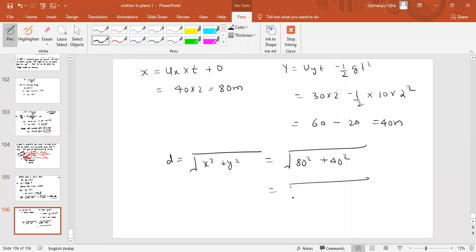That is 6400 plus 1600, which comes to 8,000. Root of 8,000 meter is the displacement of the particle in 2 seconds. Fine, so this is the answer.